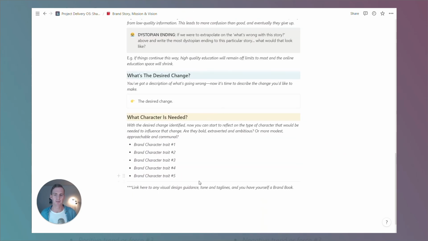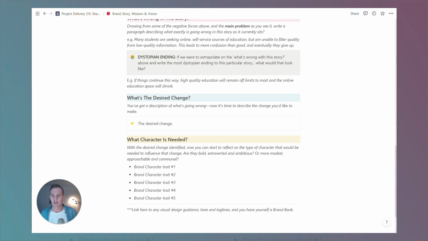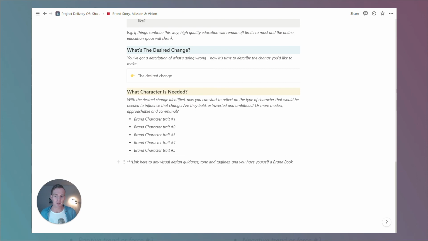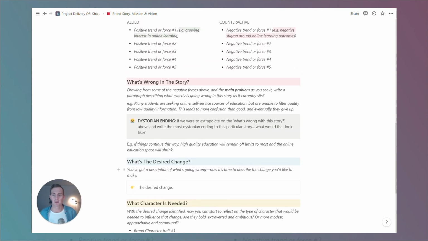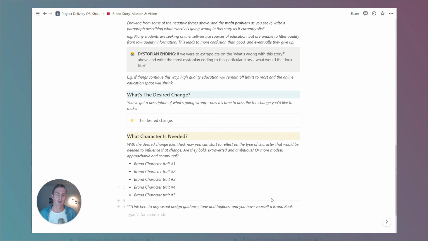Let's give it some key traits. Let's try and flesh it out a bit further. And from there, if you have any visual design that's going on, if you have any tone or taglines, you can also link that to the bottom of this page exercise, and you are already starting to sketch out a bit of a brand book for yourself.